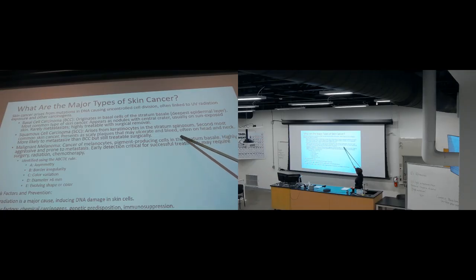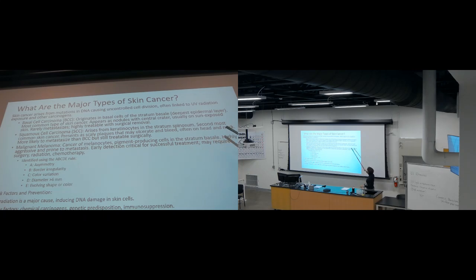Now, for SCC, or squamous cell carcinoma, it derives from the stratum spinosum cells. This is the second most common type of cancer, so the first one is BCC. This one looks like scaly plaques that can ulcerate and bleed.